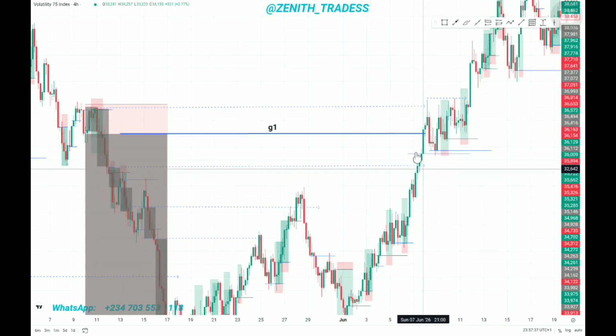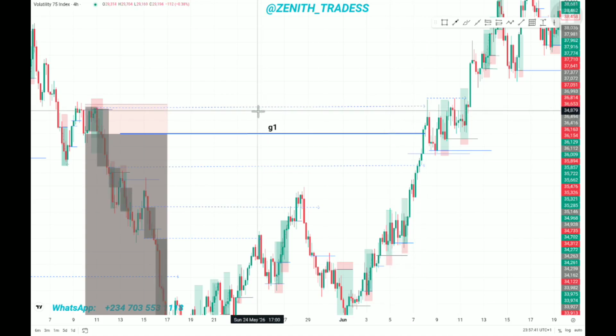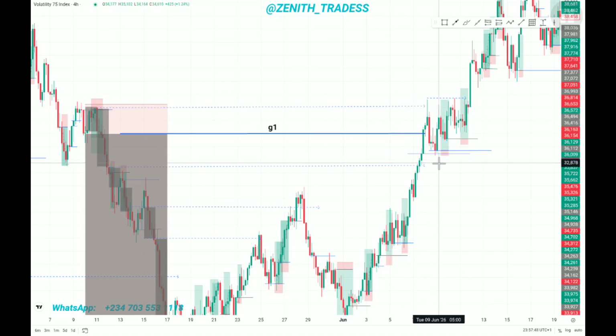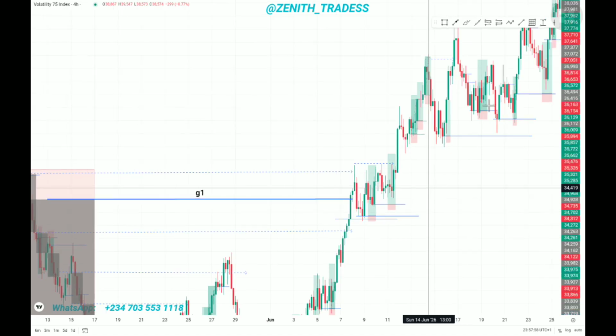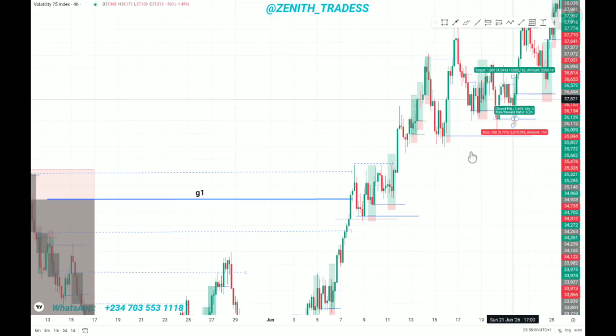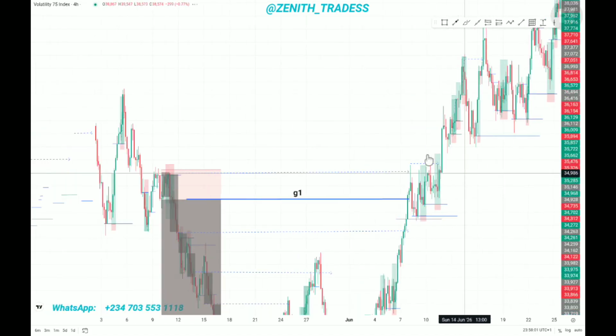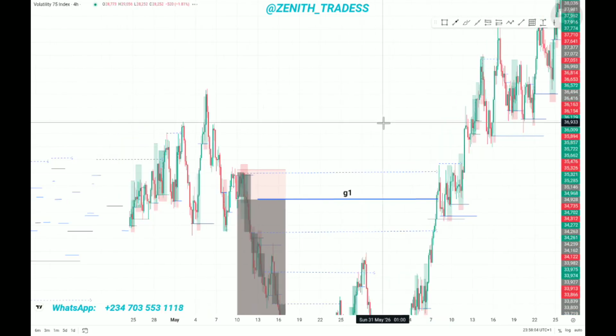All right. Then price attacks the next daily open, and definitely it gives you a reaction. All right. Before it breaks, and as it breaks, before we think of it changing structure, I mean a change of character, is when we see the next weekly open up.